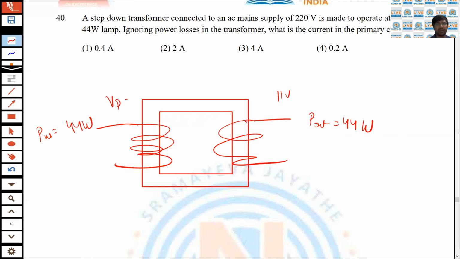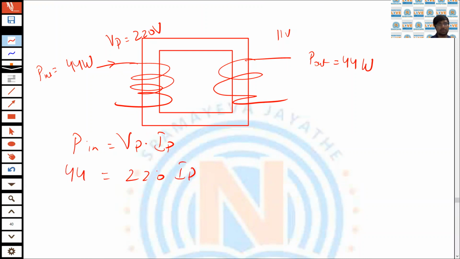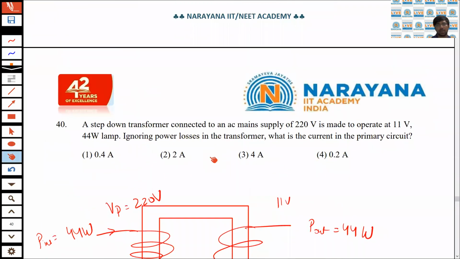Now the primary voltage is 220 volts. You have to find the primary current. So obviously input power is equal to primary voltage multiplied by primary current. So this is 44 and this is 220. So the value of IP is 4 by 20, which means 0.2 amperes. The correct option is fourth option. All right.